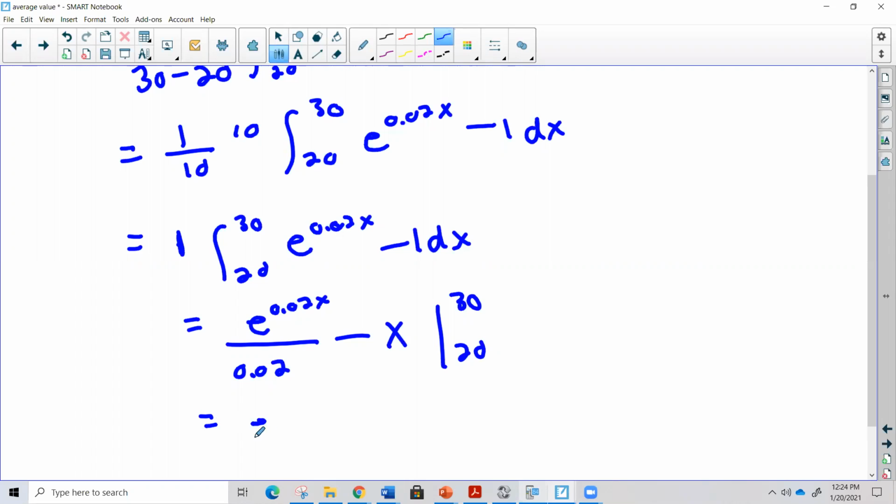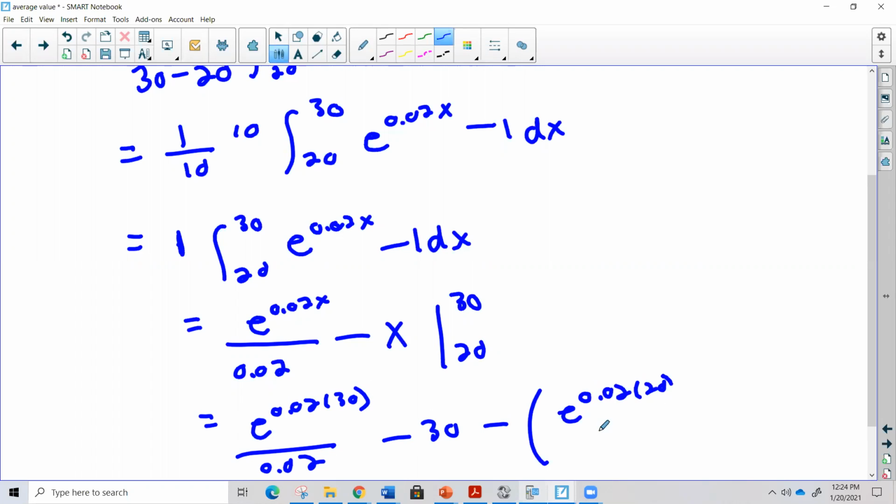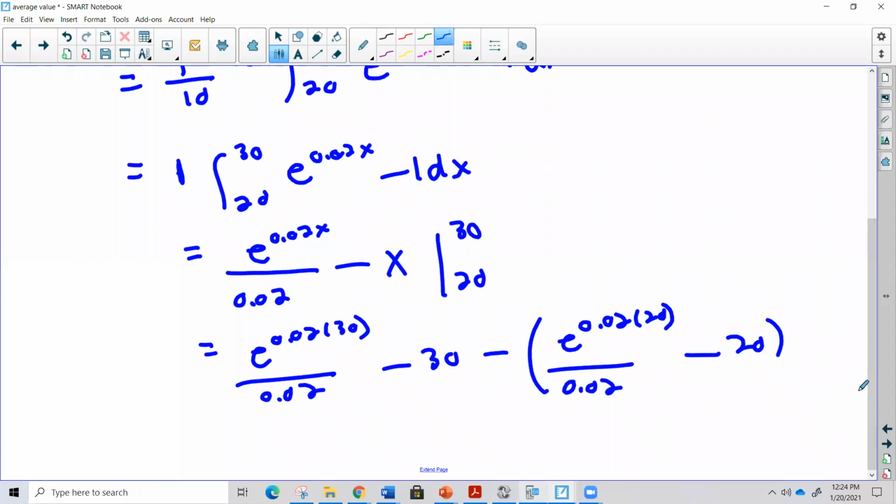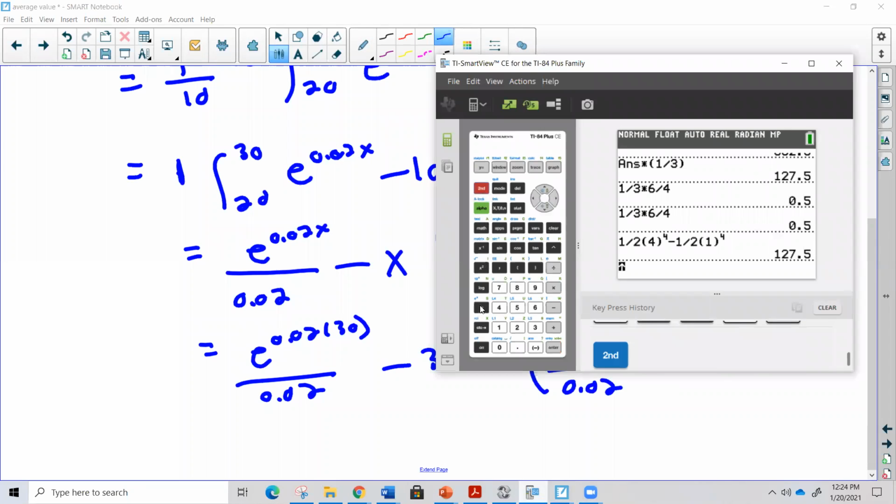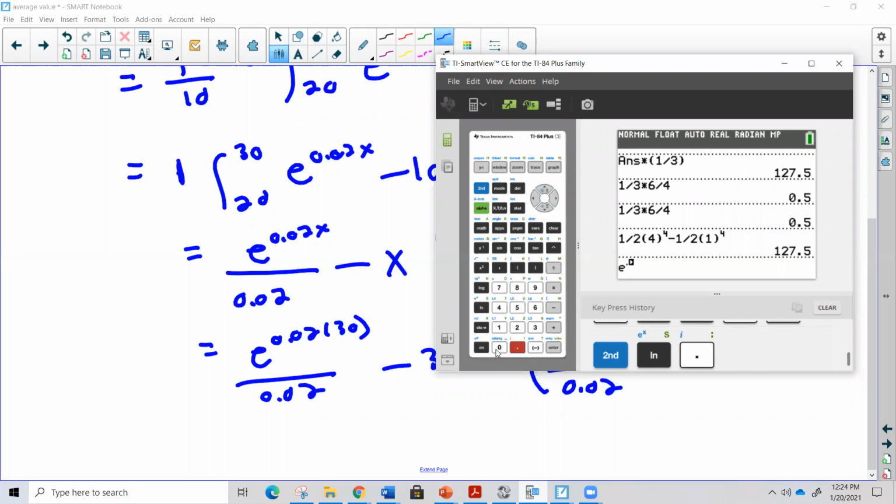And then I would plug in e to the 0.02 times 30 over 0.02 minus 30, minus, and again in parentheses, e to the 0.02 times 20 over 0.02 minus 20. Okay, and you would simplify it. Again, there's an e key in your calculator, so you'd hit second and then ln to get the e and type the 0.02, and you can either put parentheses or put the multiply sign. Then make sure you get out of the exponent.